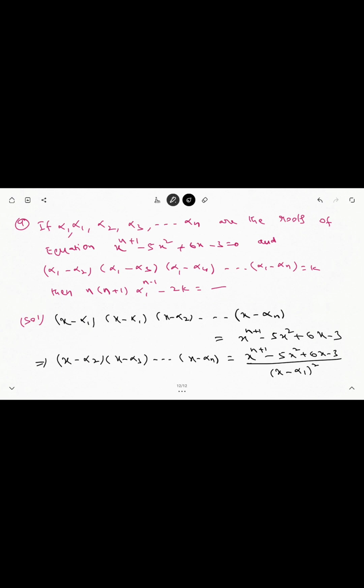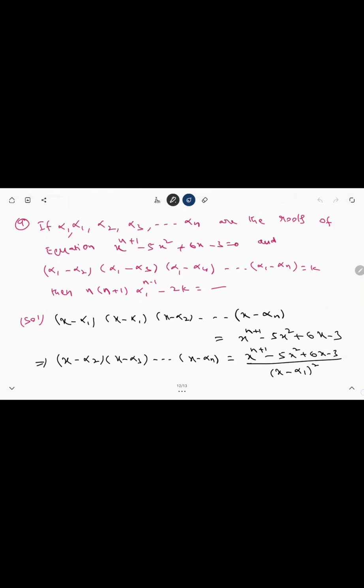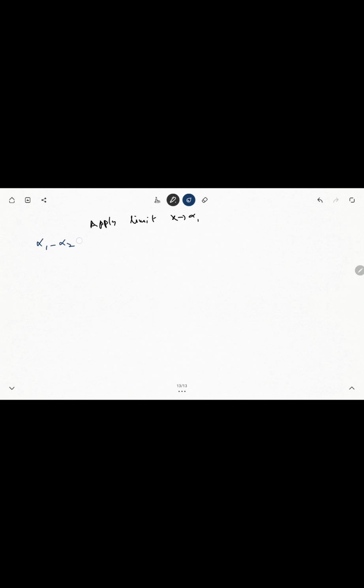Is it right? So apply limit on both sides now. X tends to alpha 1. So apply limit x tends to alpha 1. And what do you get? Left side we are getting alpha 1 minus alpha 2, alpha 1 minus alpha 3, so on up to alpha 1 minus alpha n.